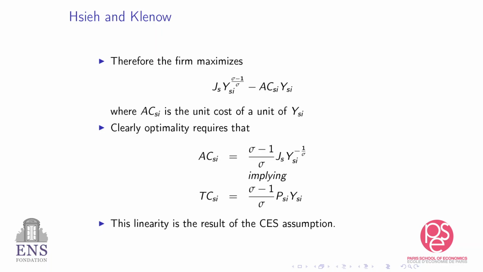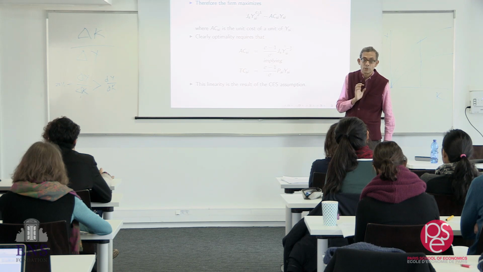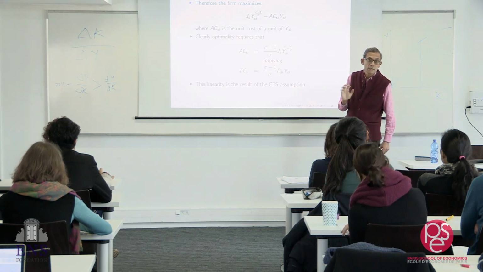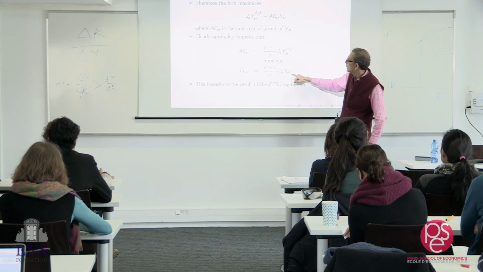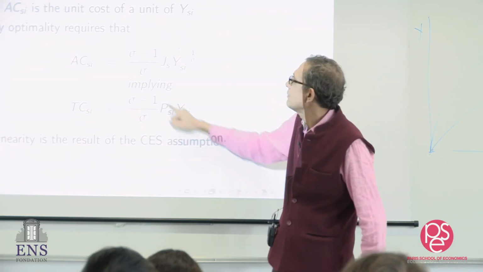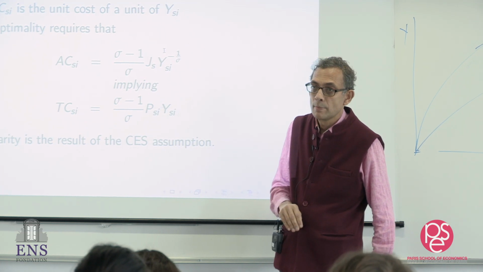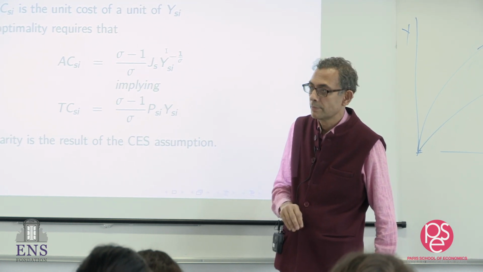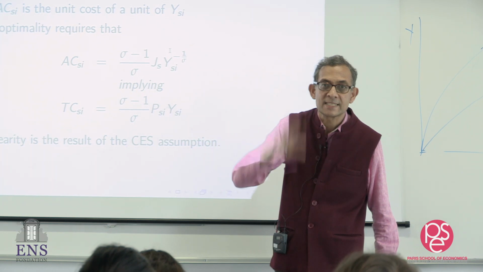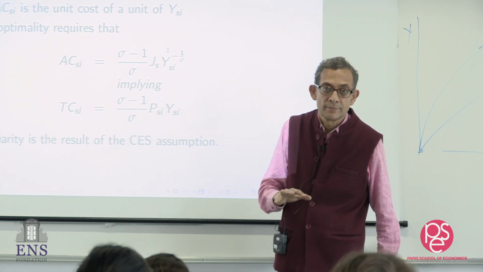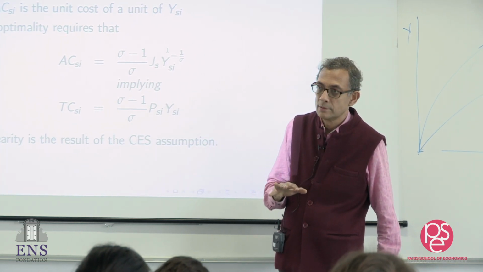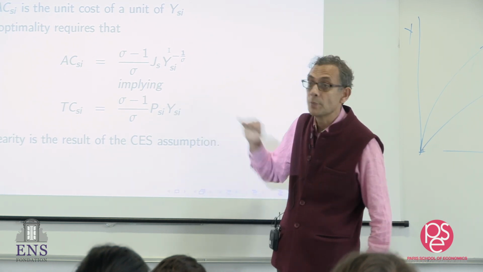And this comes from the CES assumption. It's extremely convenient, but it's very important for what they do. I'll point out where it's important. So in other words, the cost is a fixed fraction of the revenue. The CES assumption gives you that. This is super important.